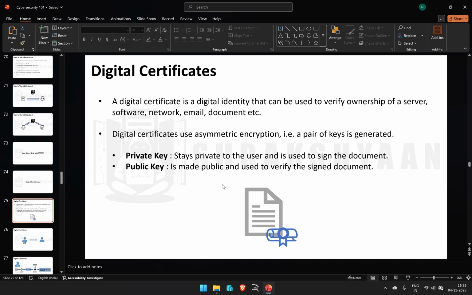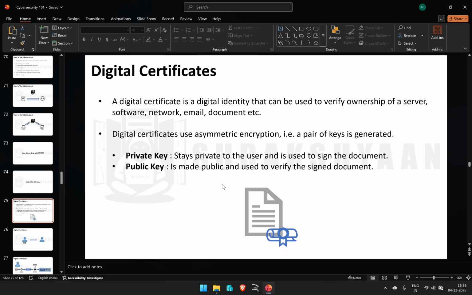A digital certificate uses asymmetric encryption. That means a pair of keys is generated. One is the private key and the second is the public key. So let's say user A wants to send a digitally signed document to user B. Now, user A will generate a pair of keys, one private and one public.